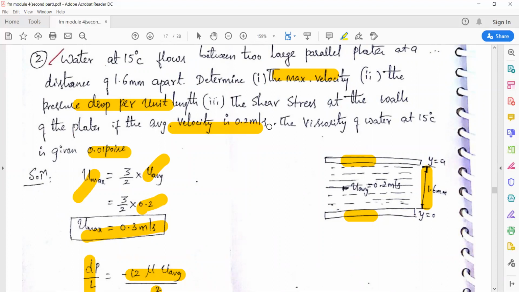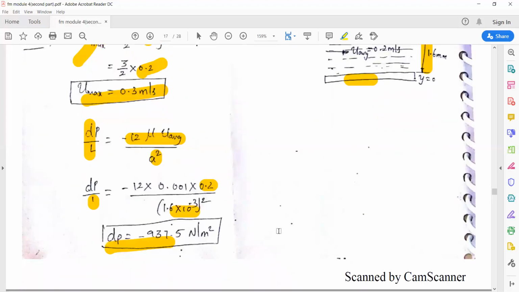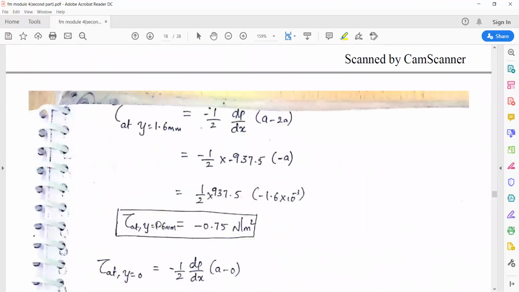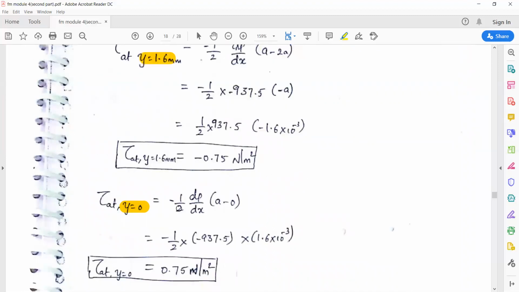All right. So in the next step, third thing, they have asked you to calculate the shear stress at the walls of the plates, if the average velocity is 0.2 meter per second. So in the sense, what is the value of tau at the walls? Wall in the sense at y is equal to 0 and y is equal to 1.6. So again for shear stress we have the formula minus 1 by 2 into dp by dx into a minus 2y. All right. So 2y becomes 0 here.